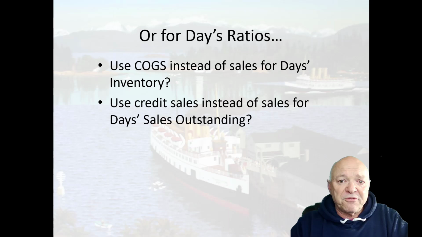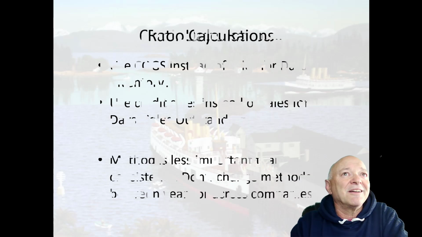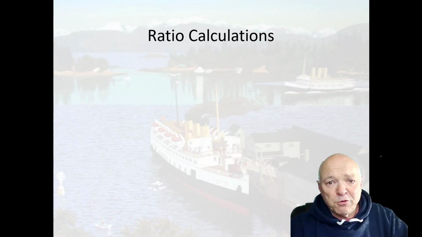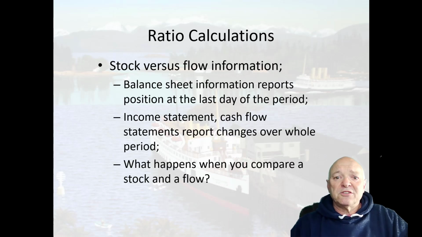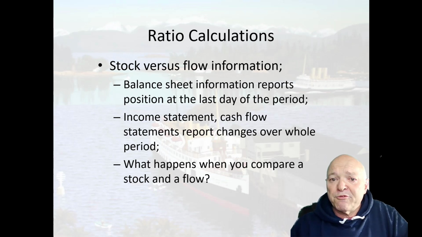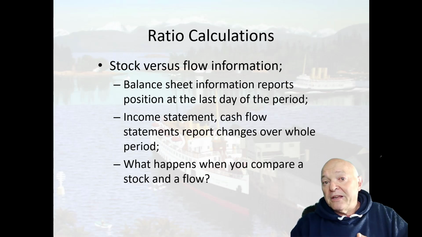This is the flow of the income, or the flow of cash through the company over the 365 days of the reporting year. Information from the balance sheet and from the statement of changes is reported as a particular amount at a particular point in time. So we're taking stock. That's a stock number. We're taking stock at a particular point in time, on a particular day.